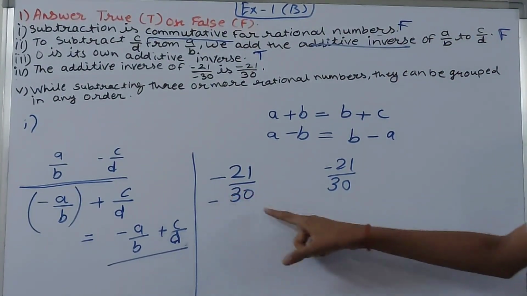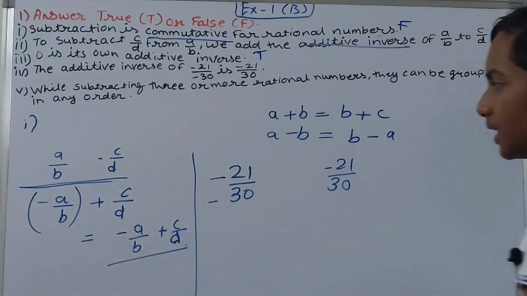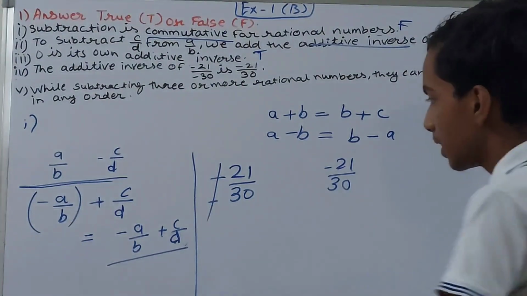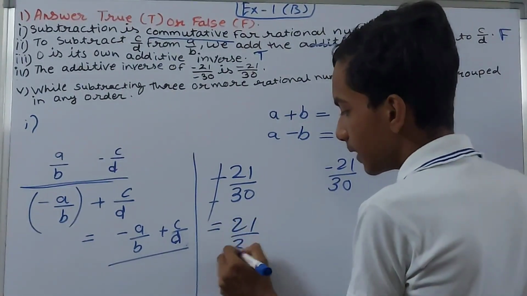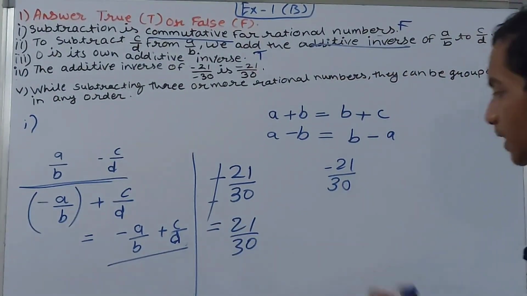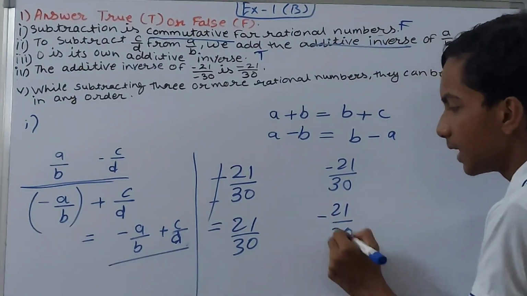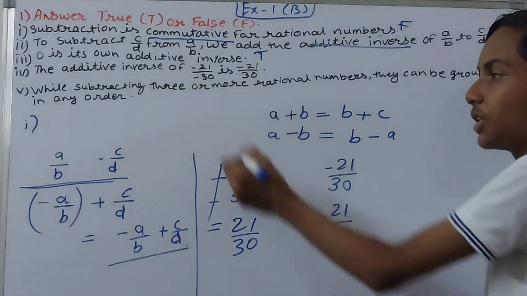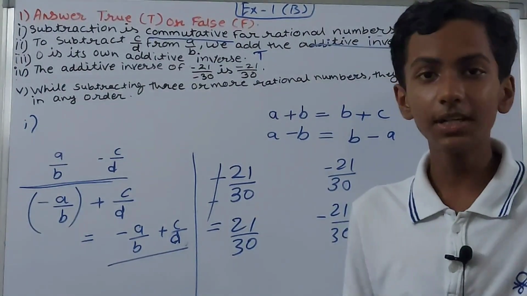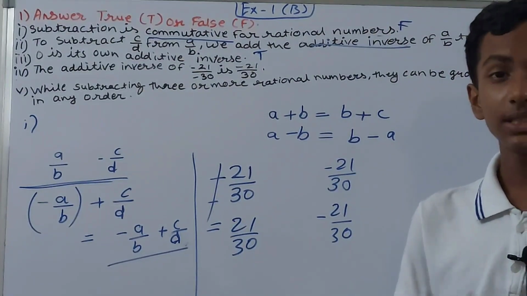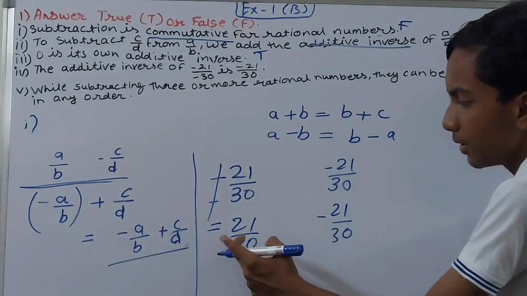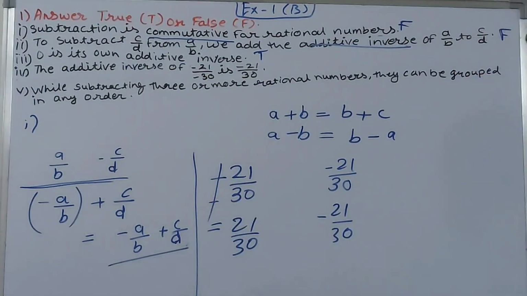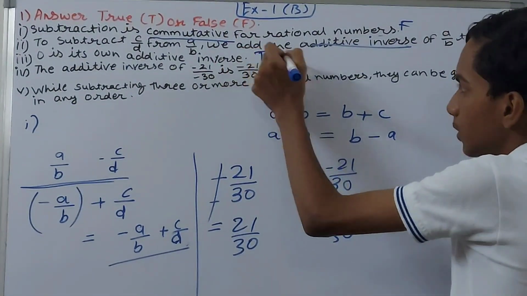We cut the minus signs: minus 21 by minus 30 becomes 21 by 30 on this side, and on this side we have minus 21 by 30. You can see the difference: this is positive, this is negative. That means this is also an additive inverse, which is the opposite of the number, with the sign changed. Don't go by the two minus signs here, we cut them first. So this will also be true.